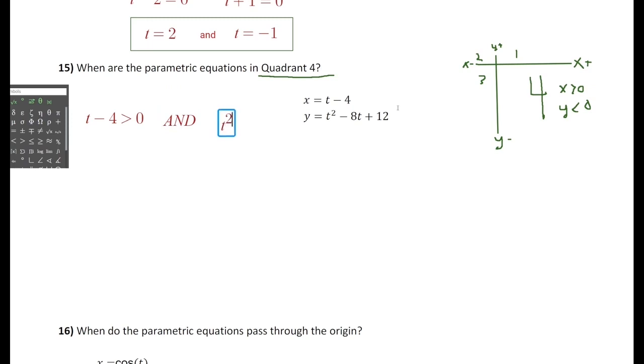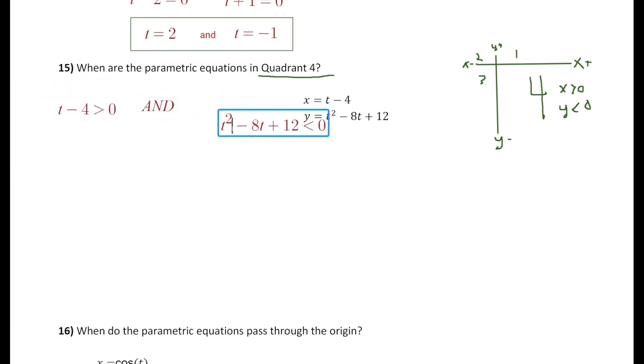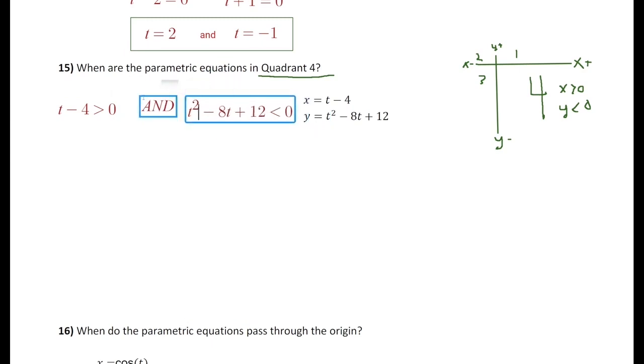So t squared minus 8t plus 12 has got to be less than 0. Solving compound inequalities is something you probably did in Algebra 2. Basically, we need to find solutions to both of these, not just one of them.